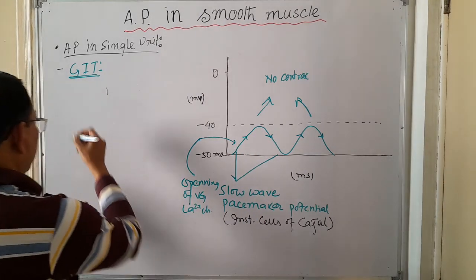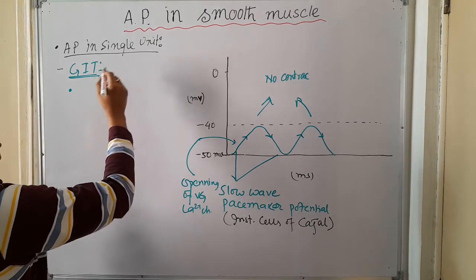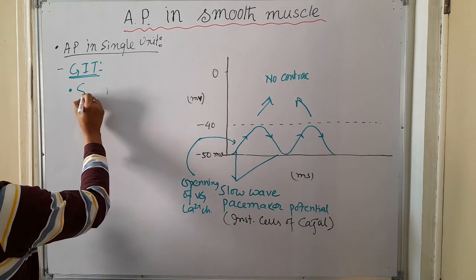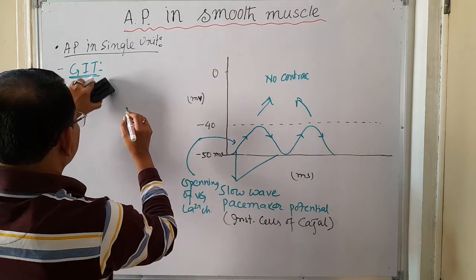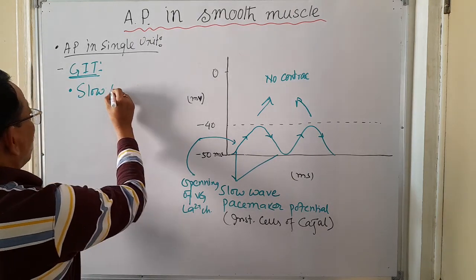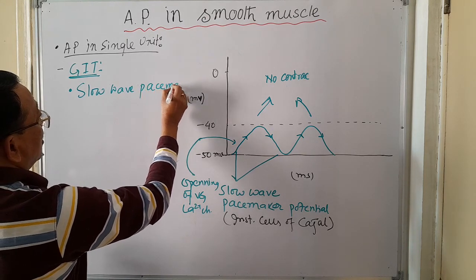So here you can write down that the action potential seen in GIT is known as the slow wave pacemaker potential.